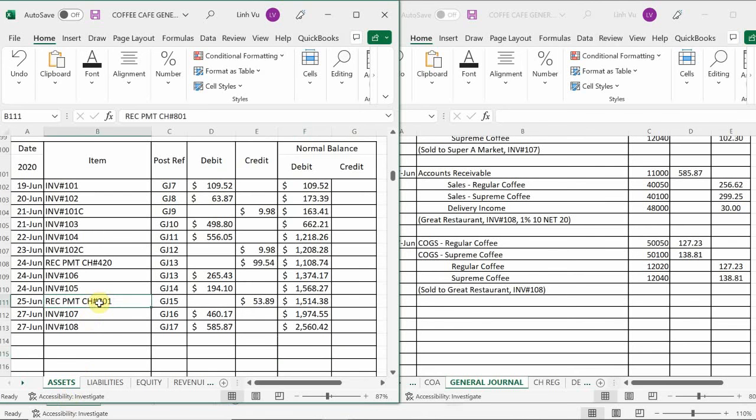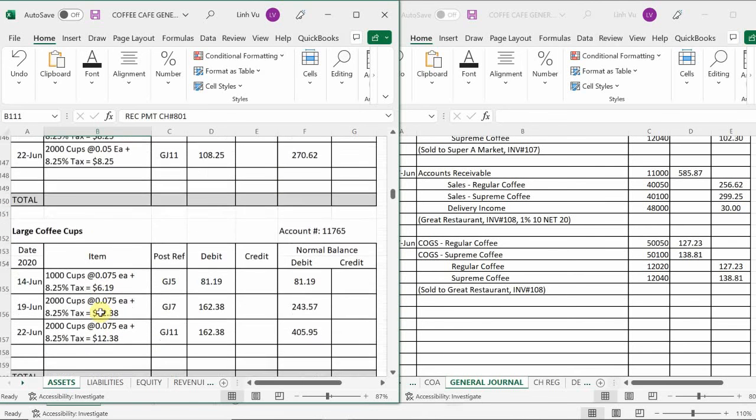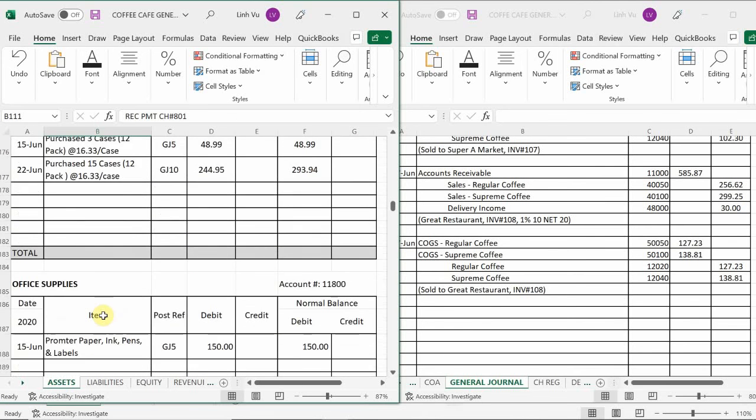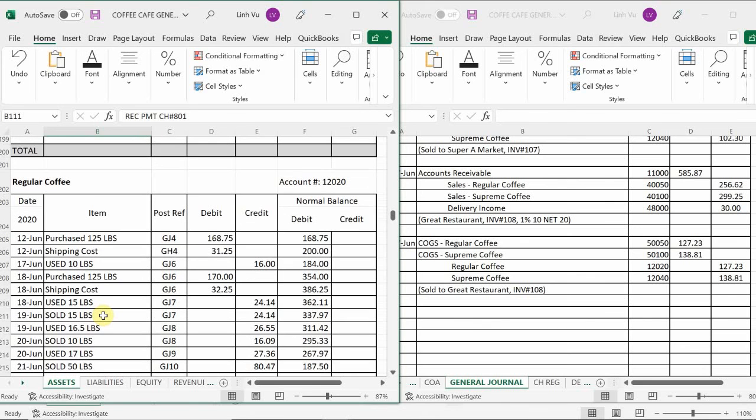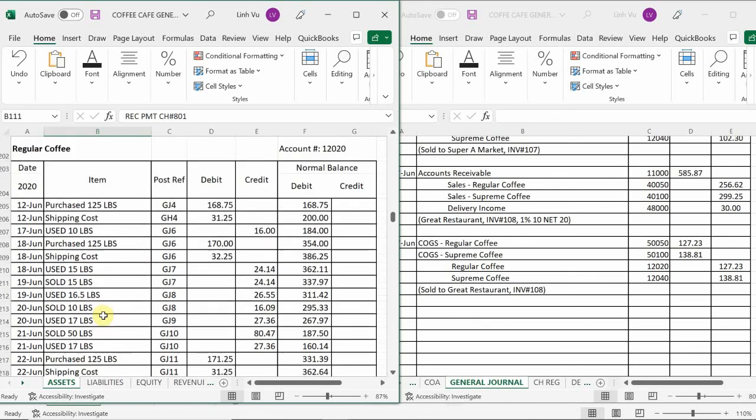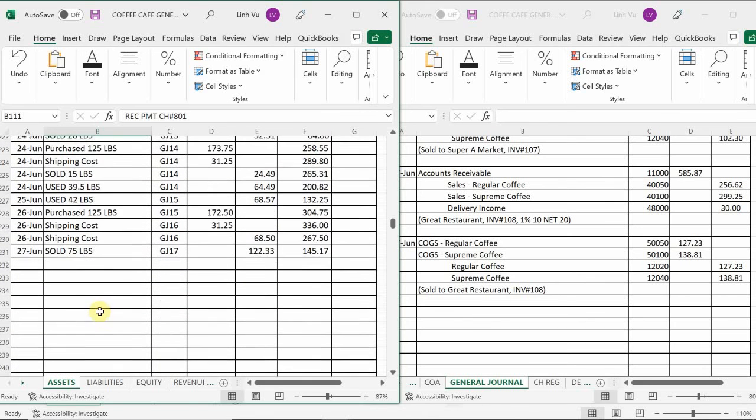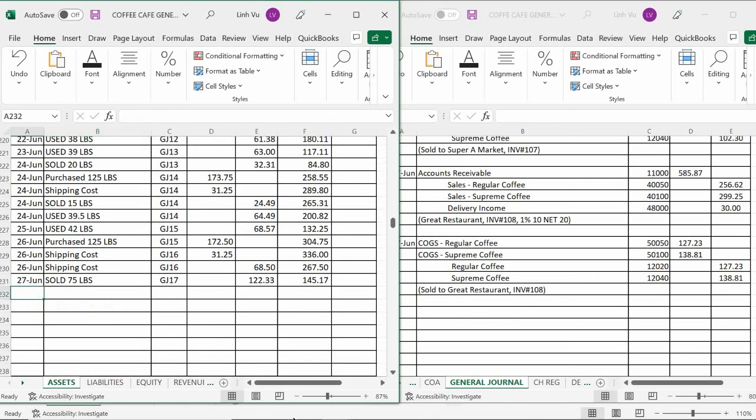Okay. Last but not least, we need to update our inventory accounts. So regular coffee. Here we are, regular coffee. We sold 78 pounds.